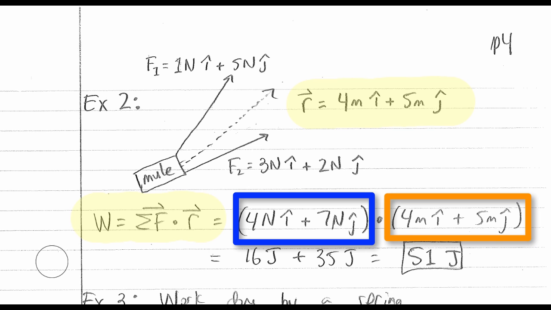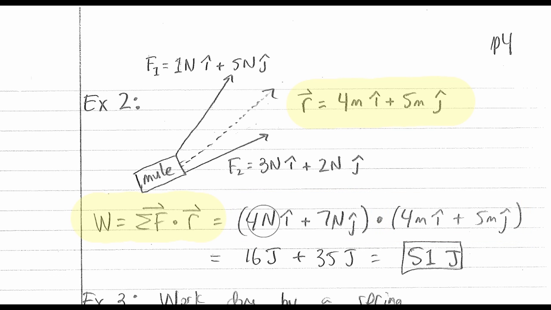It's as simple as FOIL. First, 4 newtons i hat dotted with 4 meters i hat. That's 16 joules, easy. Outside, 4 newtons i hat dotted with 5 meters j hat: those are perpendicular to each other, so this gives us nothing.